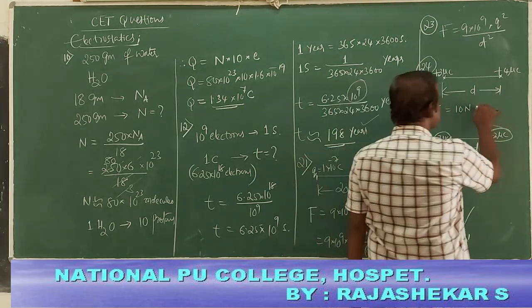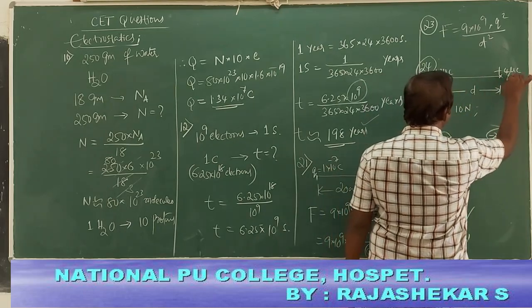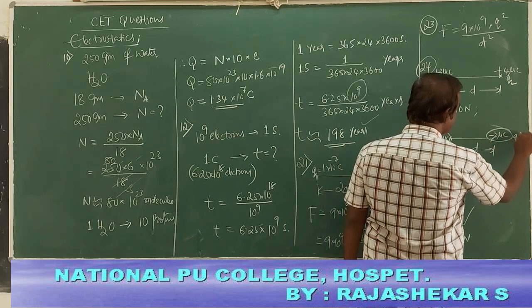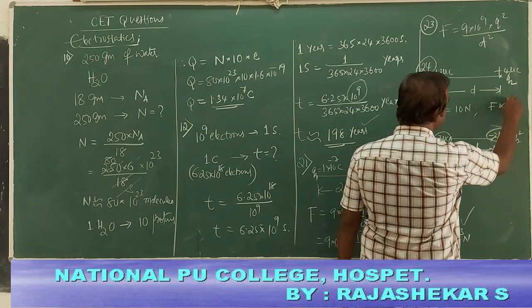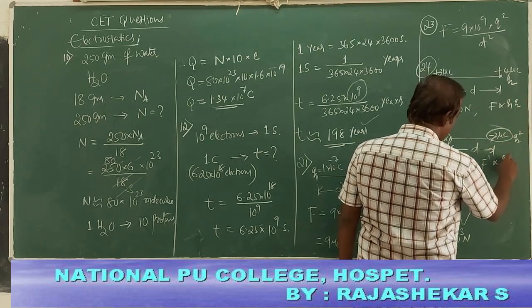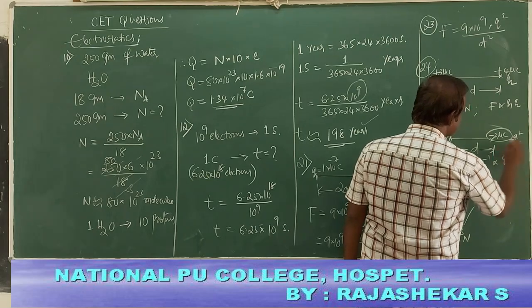Here, this is Q1, Q2, and later now this is Q1 dash, Q2 dash. Here F is proportional to Q1 Q2, and F dash is proportional to Q1 dash Q2 dash, because distance is the same.